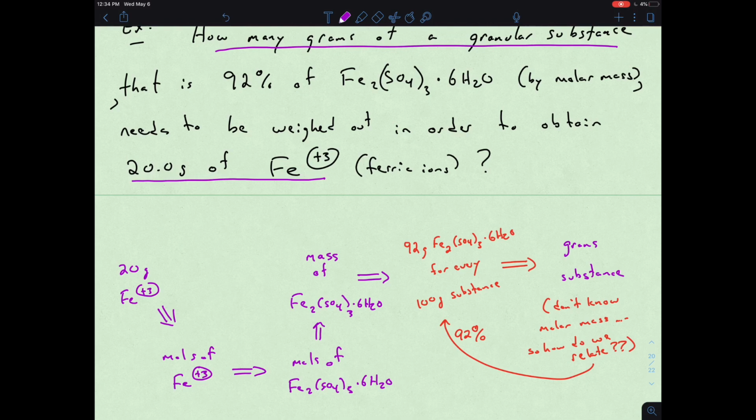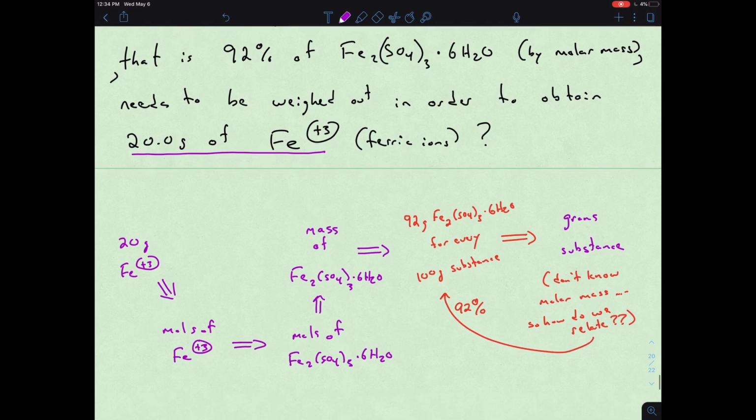So, apologize, running out of space there. So we have 4 conversions. We know we first need to go to moles of our iron plus 3. Then in the second conversion, we get into moles of the actual molecule. Our third conversion gets us into mass of the molecule.